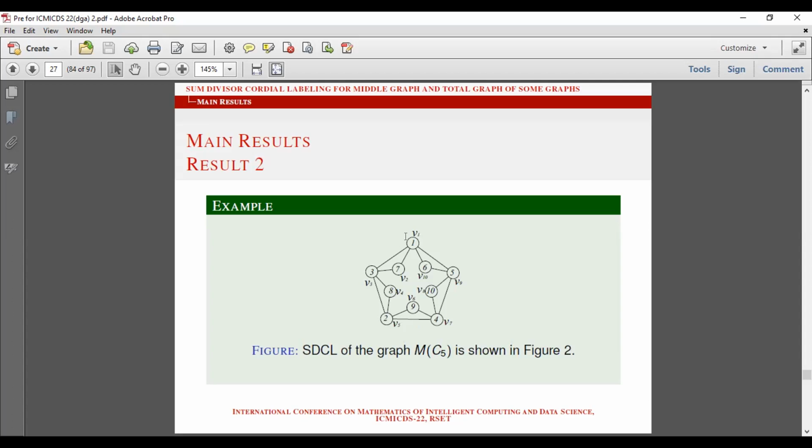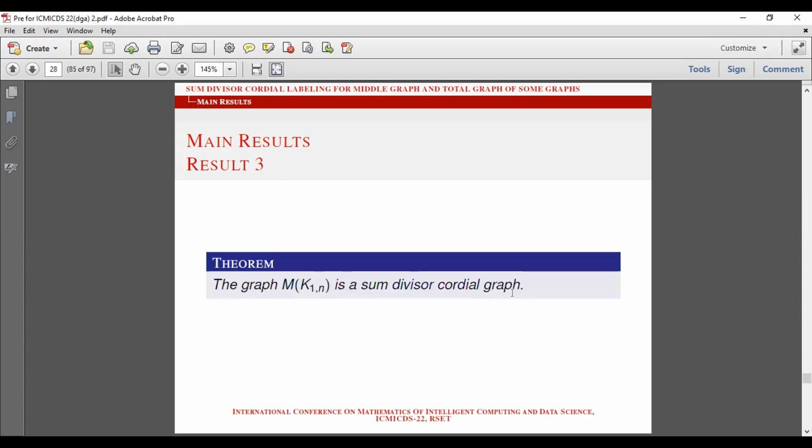If we label the newly added vertices in such a way that 1, 3, 2, 4, 5, 7, 6, 8, and so on, and we use 6 to the last vertex, and then use the remaining labels in sequence for the remaining vertices 7, 8, 9, 10, and so on, then this graph becomes a sum divisor cordial graph.